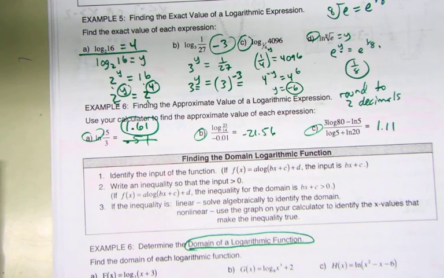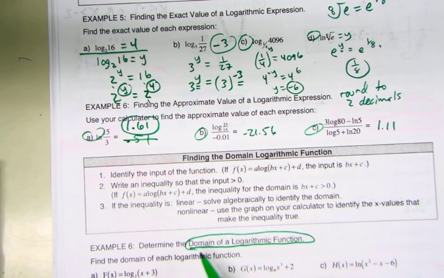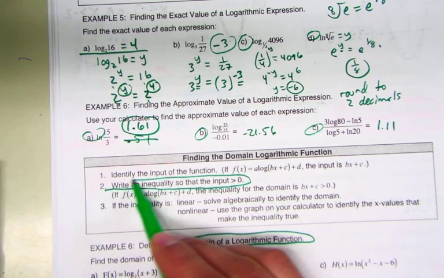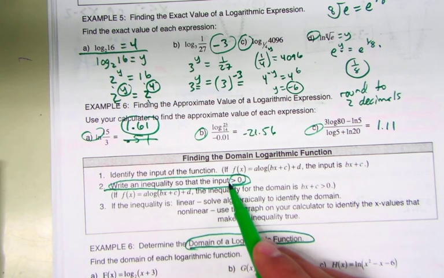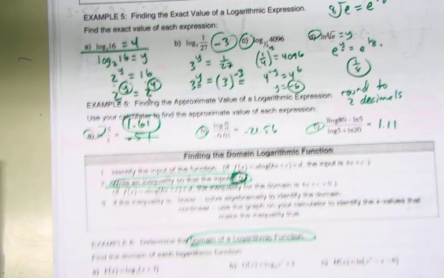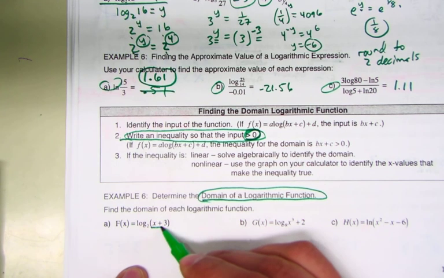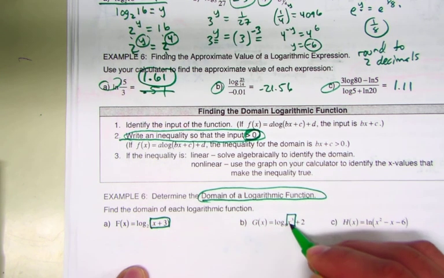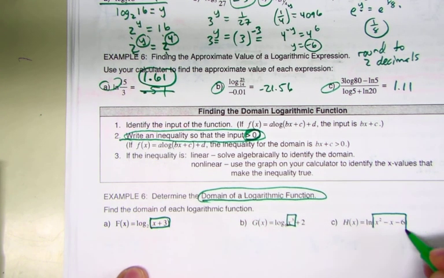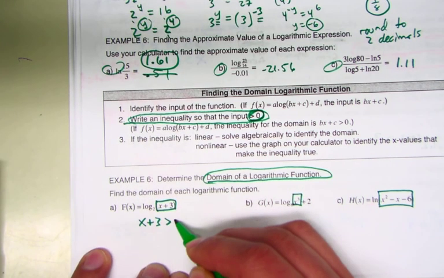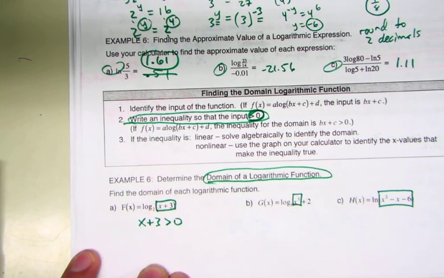Now we have a third one, okay? The argument right here, the input, the argument, has to be greater than 0. It's almost like the square root issue, except we don't set it greater or equal to. It's just greater than 0. So whatever you have inside of the log, all you do is set that greater than 0, and then you solve.